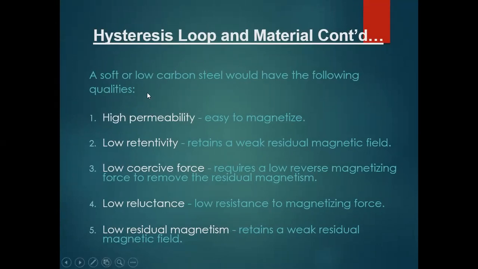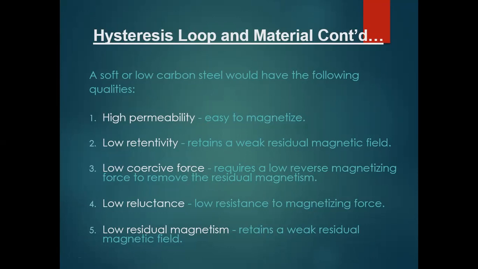Soft or low carbon steel has the following qualities: high permeability, easily magnetized, low retentivity, retains a weak residual magnetic field, low coercive force, requires a low reverse magnetizing force to remove the residual magnetism, low reluctance, low resistance to magnetizing force, and low residual magnetism. If permeability is high, then reluctance is low because it is easily magnetized.